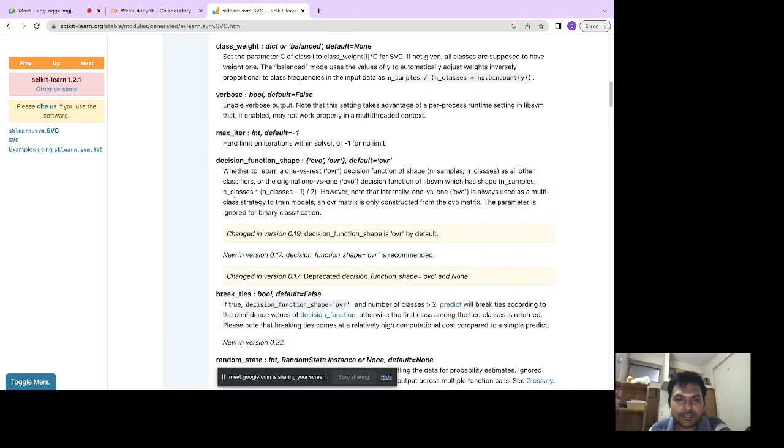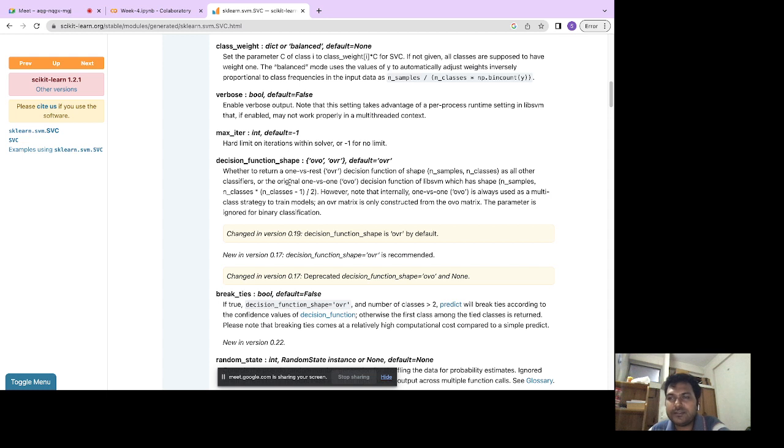But another thing is the decision function shape. If you have gone through the lecture, you would know that what SVM does is it tries to differentiate one class from the other. Now you can have multiple classes, for example three classes in your problem. In that case, what you generally do is one versus rest, which is OVR, and the other is one versus one.